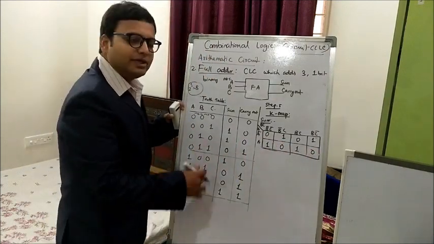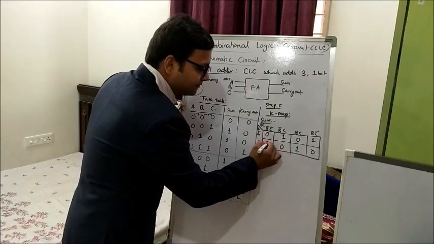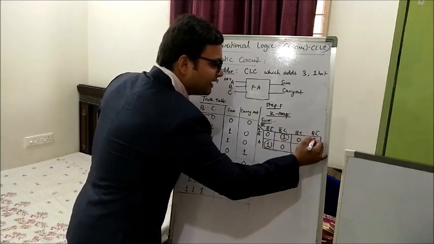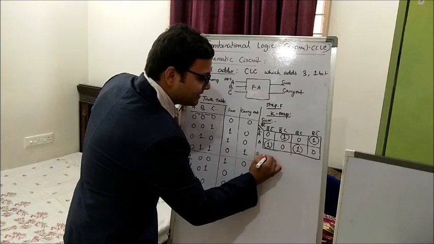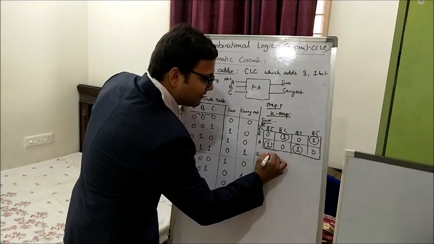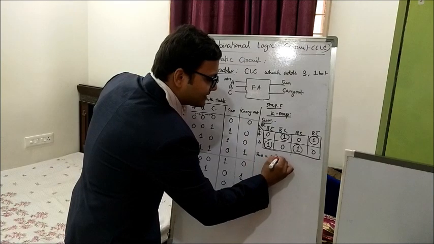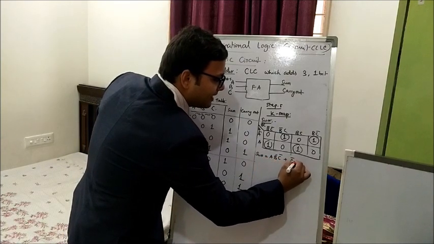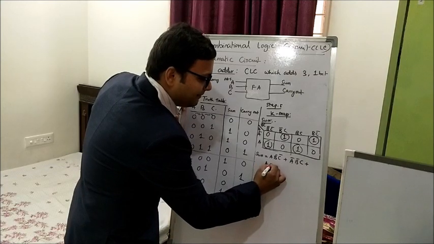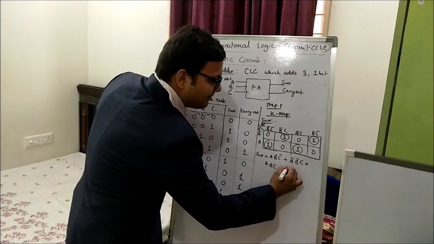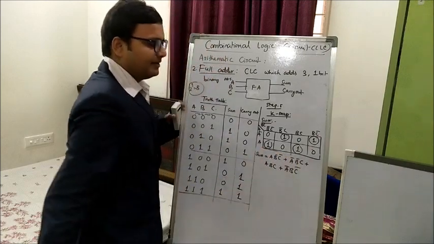Okay. Now what you need to do? You need to group to get the sum, which is nothing else: A bar B bar C bar, plus A bar B bar C, plus A B C, plus A bar B C bar.